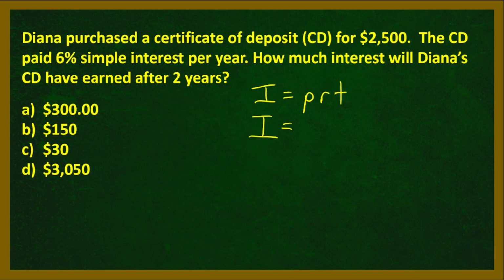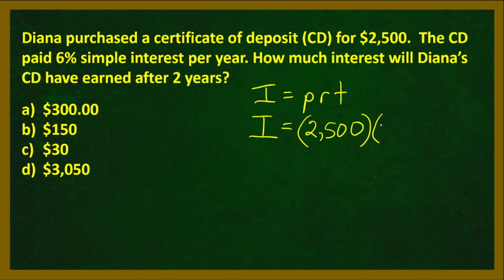So in this problem, the principal amount is $2,500. And we're going to multiply that principal times the rate. So the R stands for rate. And the rate here is the percentage. So the percentage rate is 6%.